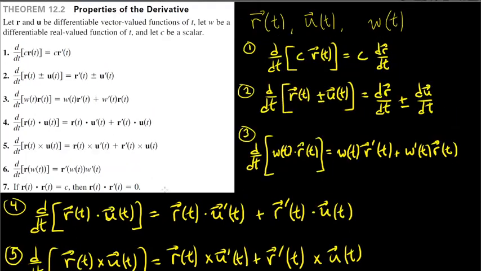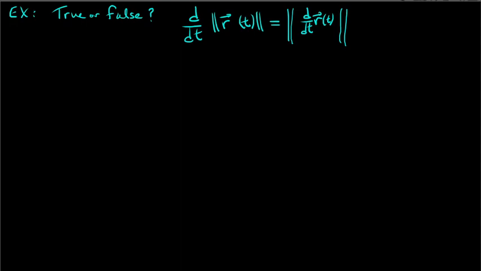And oh, we did a lot here, so I think we'll do one more. Okay, so I don't think I do enough of these. True or false? The derivative of the magnitude of r is equal to the magnitude, or the norm, of the derivative of r.